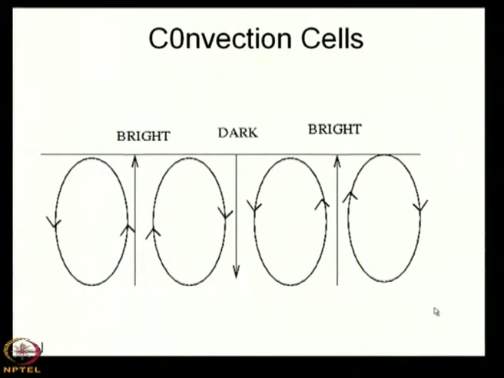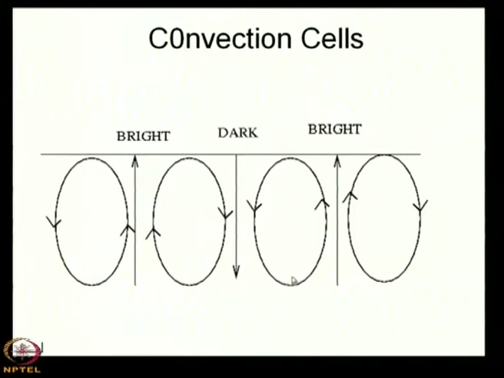So, when you have convection going on, you have structures that look like this. A hot bubble of gas is heated over here and rises up carrying the energy, and when it reaches the surface, it quickly radiates the energy and cools, and it again comes down, gets heated again and then rises up again.